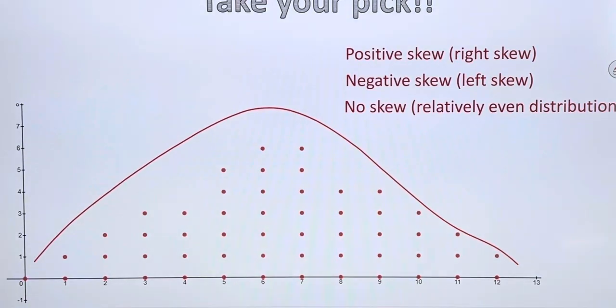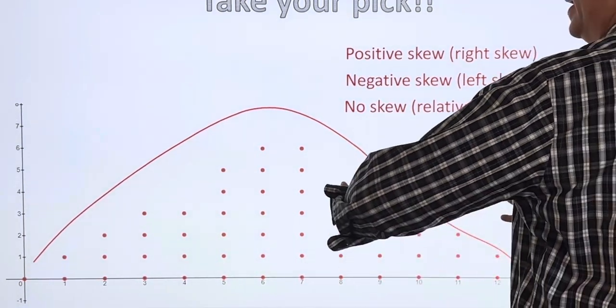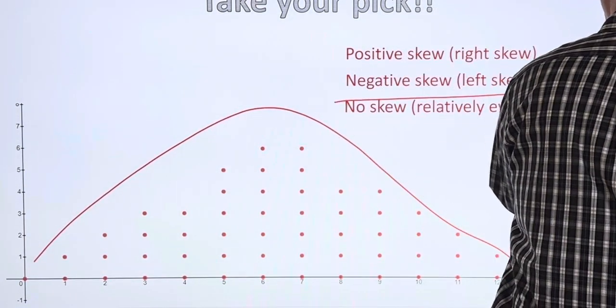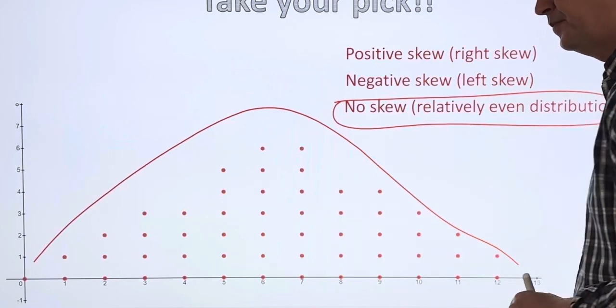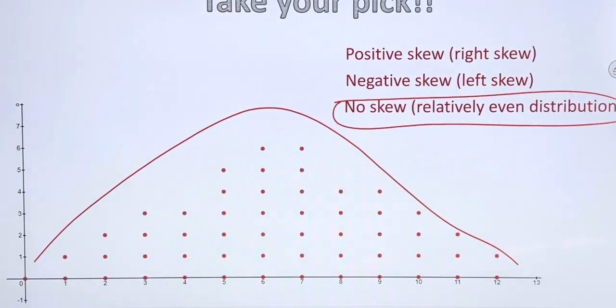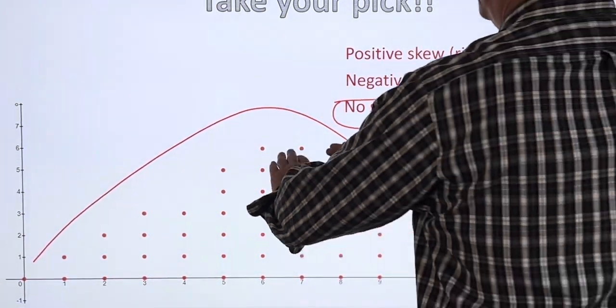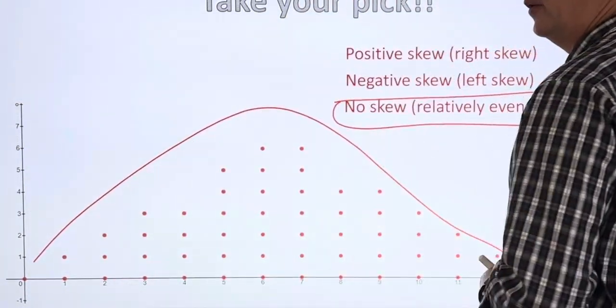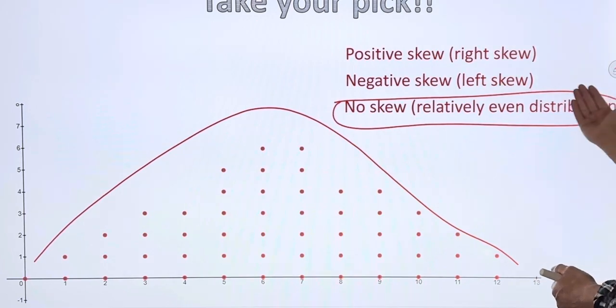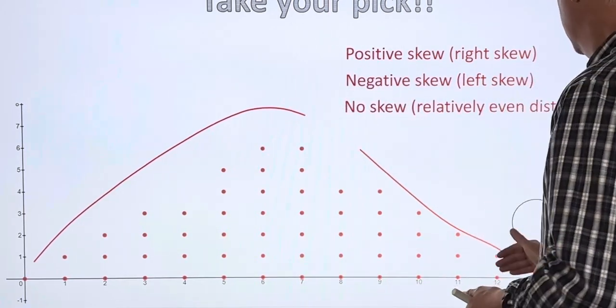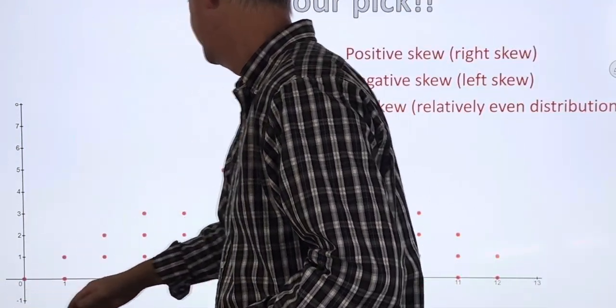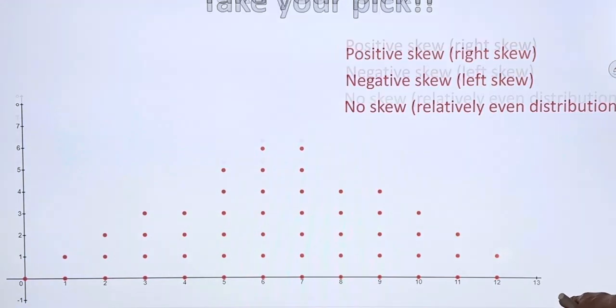Well, to me, it looks like you got about the same amount over here than you do over here. So I'm gonna call this one no skew. All right? Again, keep it simple. Don't overthink this stuff. All the data was evenly dispersed. It went like you unfolded it. All right? Skewed is super easy. You just gotta know what to look for.